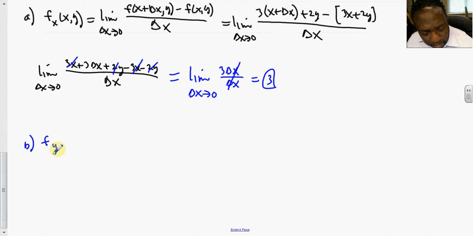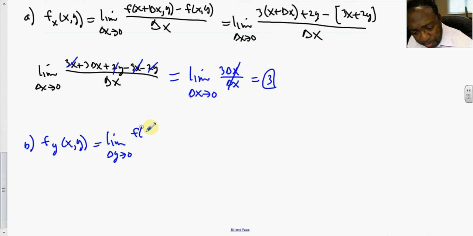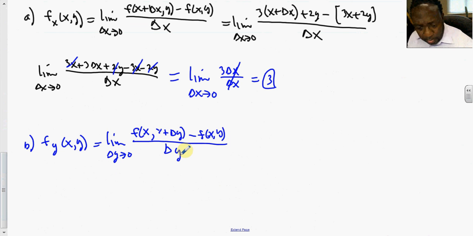Well, let's see. The partial of f with respect to y, evaluated at the point x comma y, is the limit as delta y goes to 0 of f of x, where x is a fixed number, and y plus delta y, minus f of x y, divided by delta y.